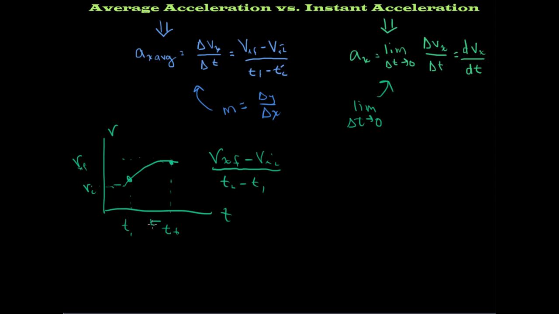Now, as this change in time gets closer, because right now we have a secant line, as we get closer and closer, as this interval becomes 0, or extremely close to 0, we achieve the tangent line going right through it, which would be representing that instant acceleration. So, in order to go from average acceleration to instant acceleration, all you do is apply the limit. Simple, right?